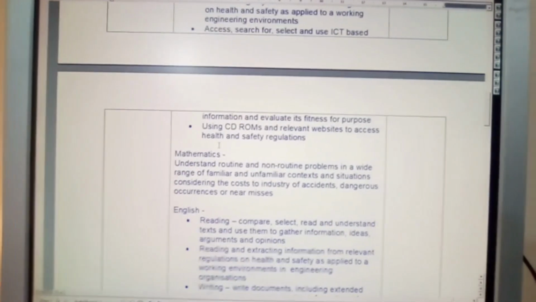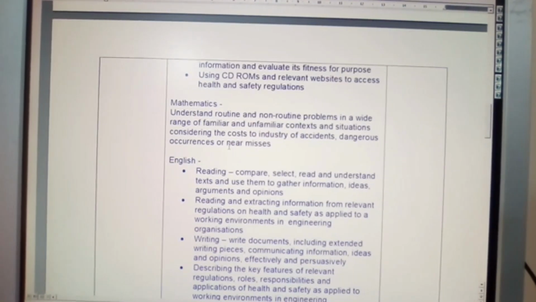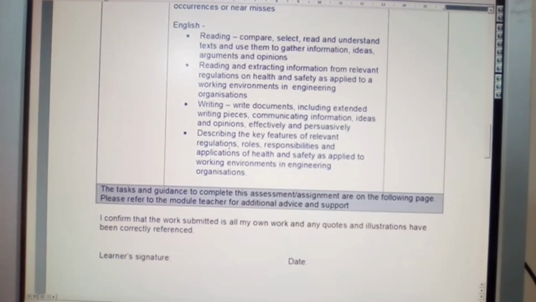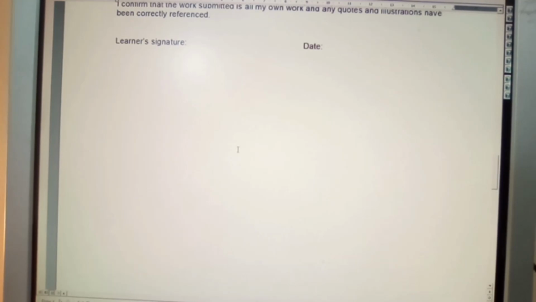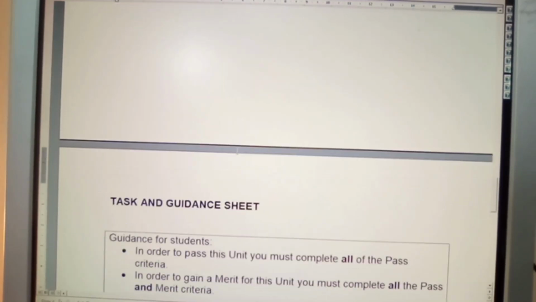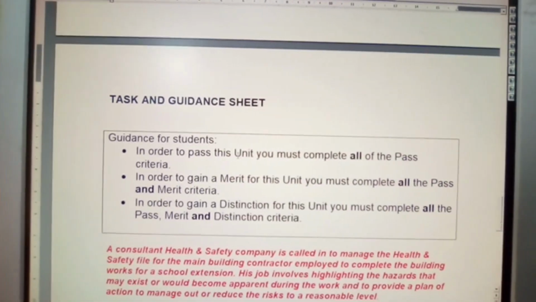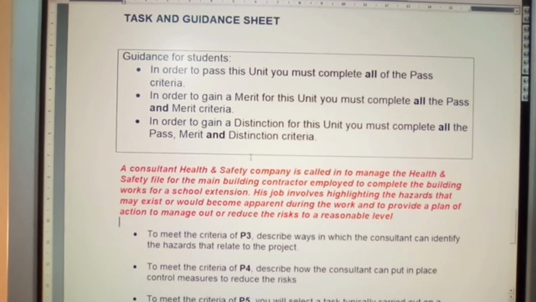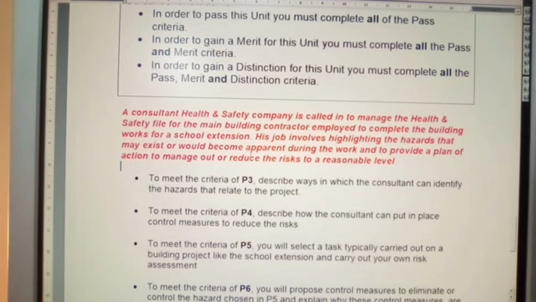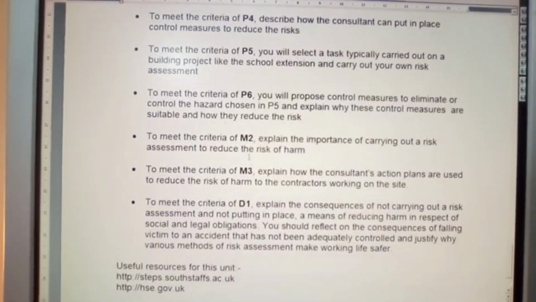And here are some tasks and guidance notes for you to keep in mind and to look at for yourselves. Look at the criteria that you have to meet, and make sure you're compliant with those criteria.